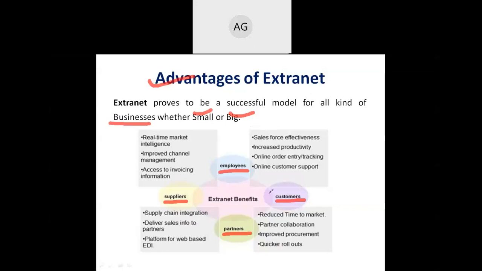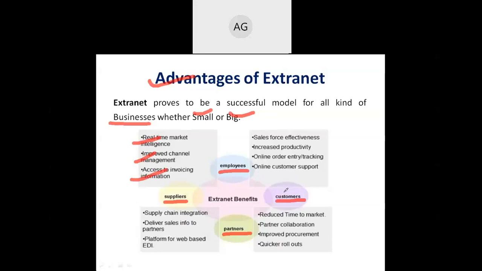As far as the employee benefits are considered, the employees get real-time market intelligence, improved channel management, and access to invoicing information.